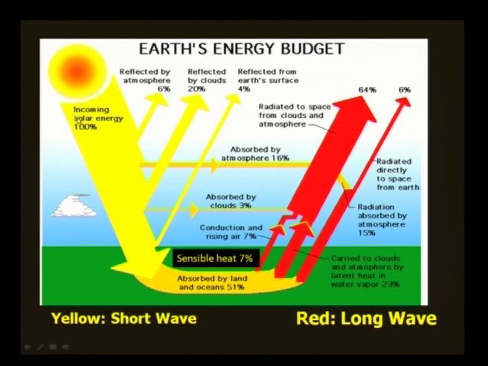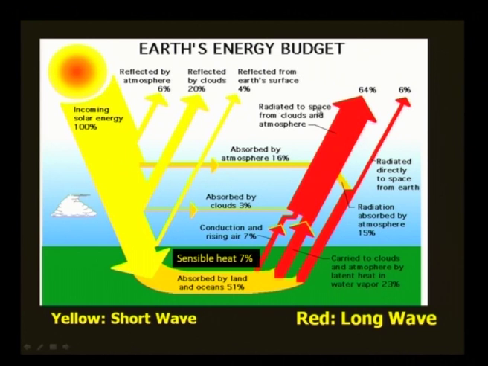See, it is 100%, and 6% is reflected by the atmosphere, 20% is reflected by the clouds and 4% is reflected from the earth surface, and 51% is absorbed by the land and 3% by the clouds and 16% is absorbed by the atmosphere, and then the remaining energy is radiated back into the atmosphere.